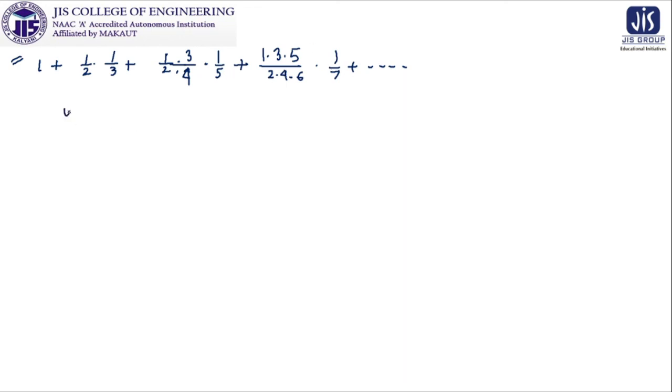So if I want to write the general term un, this general term will be 1, 3, 5 dot dot dot up to 2n minus 1, and 2, 4, 6 dot dot dot up to 2n, along with 1/(2n plus 1). You please check it for this testing purpose. This is the most important part from my point of view, because we have to test this one.